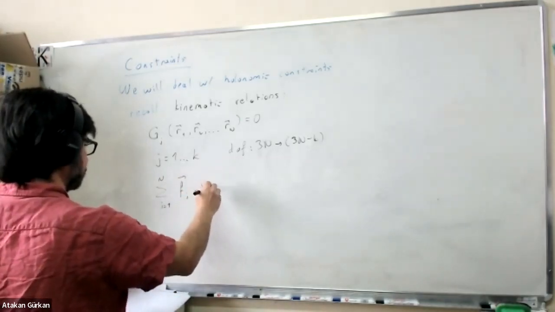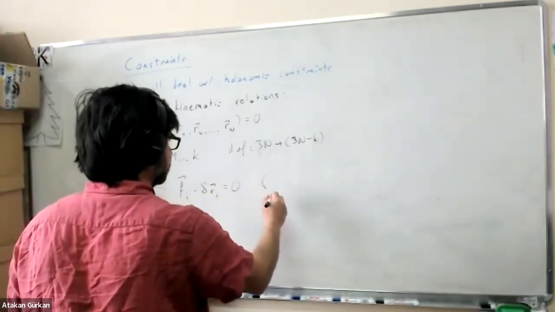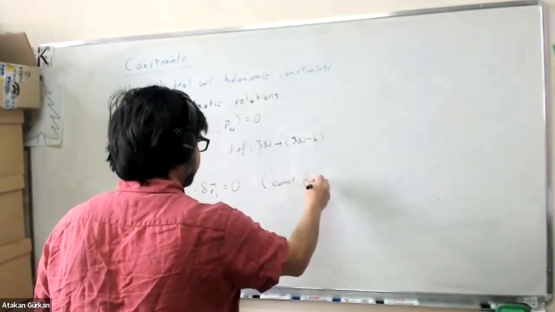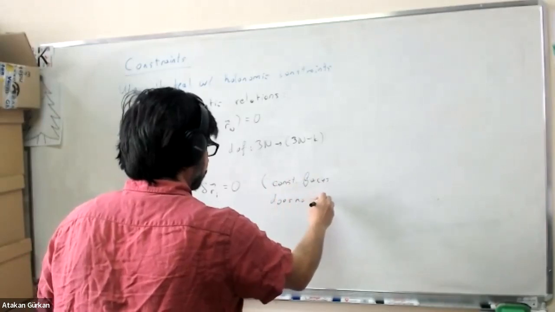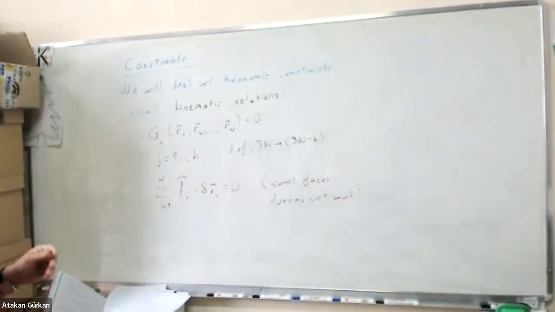This is the virtual displacement of the ith particle. This is 0, right? So this means that the constraint forces do no virtual work. This is the meaning.